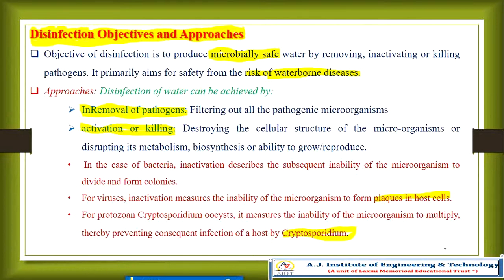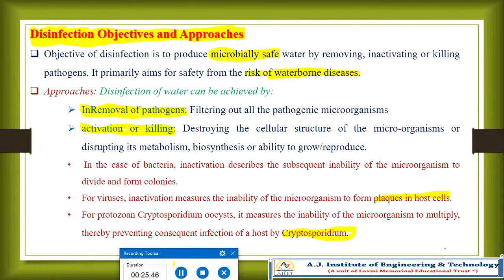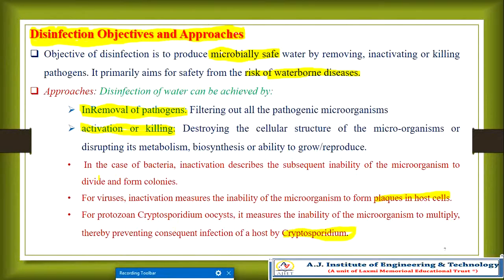But here the most important thing is that spores cannot be removed. That is called inactivation or removal of pathogenic bacteria. This is about your approaches slide.